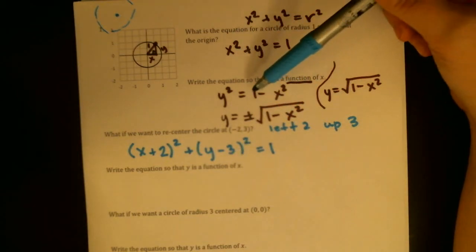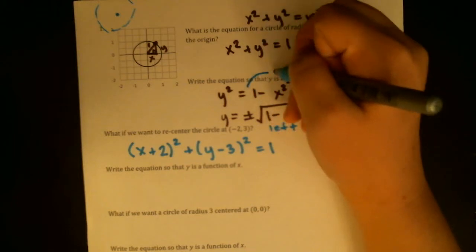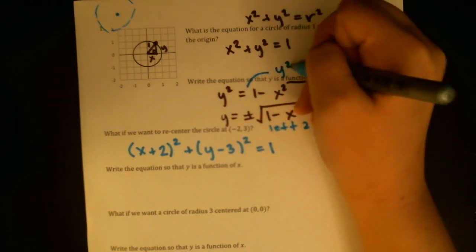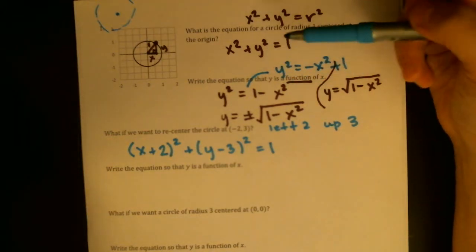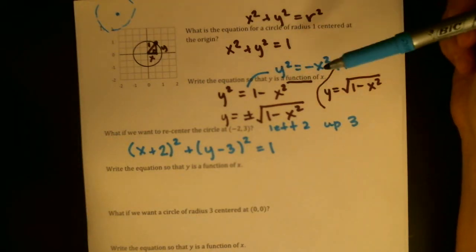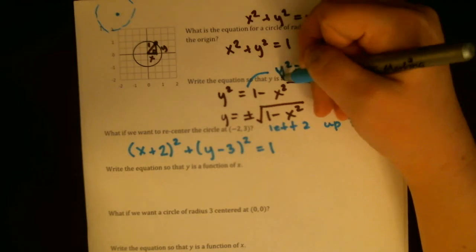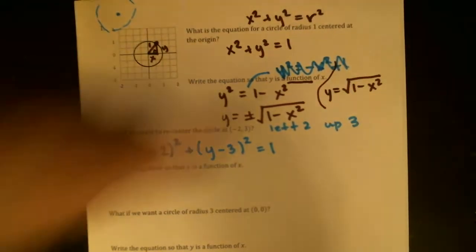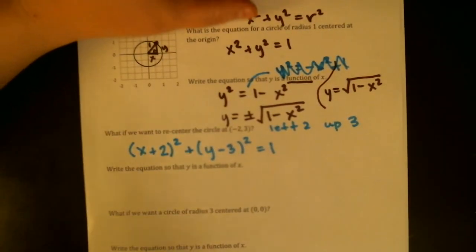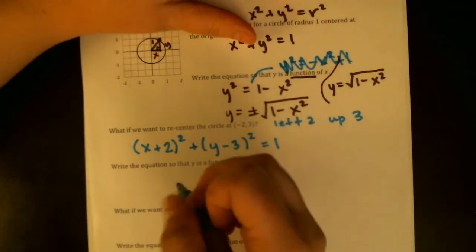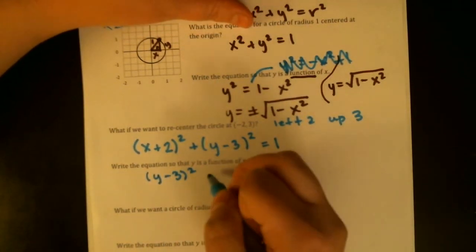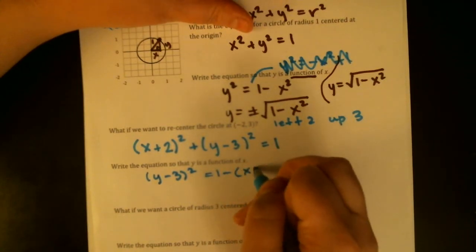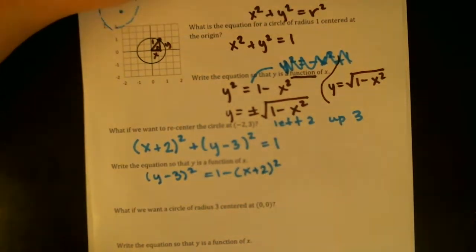Notice when we moved it over here, so sort of side note here, I'm going to write it in the opposite order. Here we can see that, oh, never mind, this is the wrong one. We'll do it down here, right? This is y is a function of x. Okay, so when we do this little bit of rewriting, I'm going to say I have y minus 3 squared equals 1 minus x plus 2 squared.